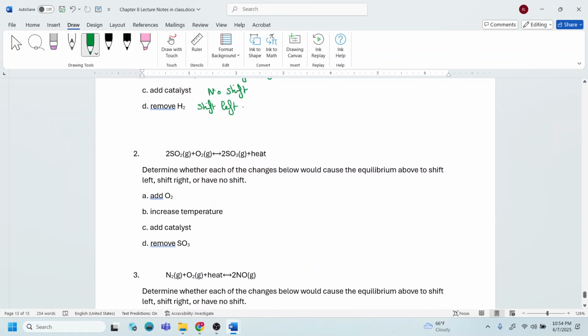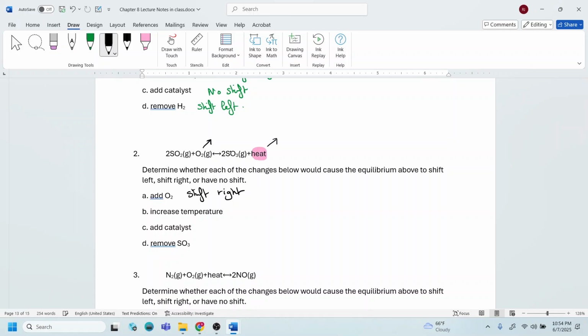This is another example. This is again an exothermic reaction because heat appears in the products. So what happens when we add oxygen? If you add oxygen, you increase the concentration of oxygen. Raise your right hand. So your reaction is going to shift towards the right. You would increase the temperature.